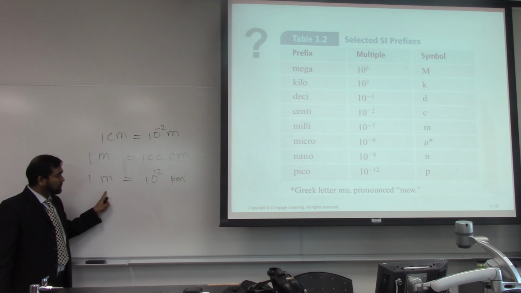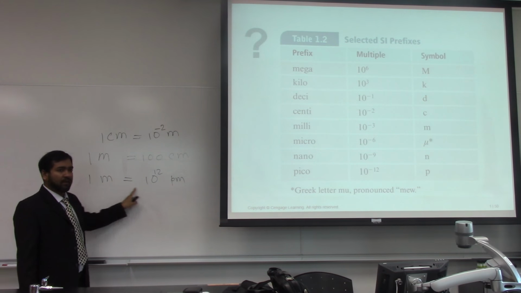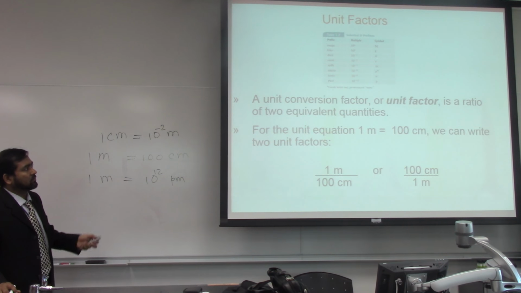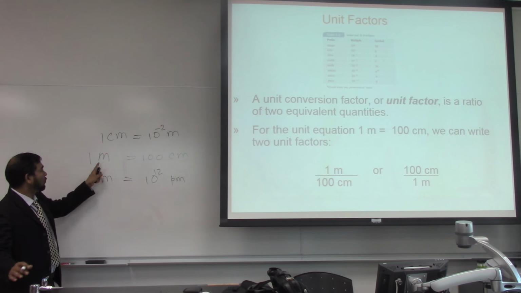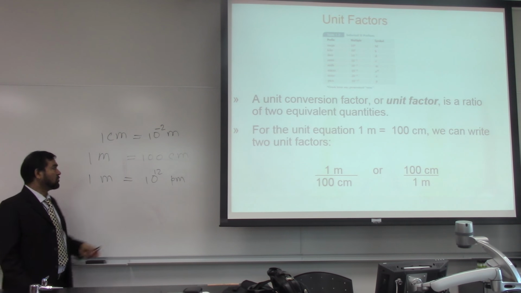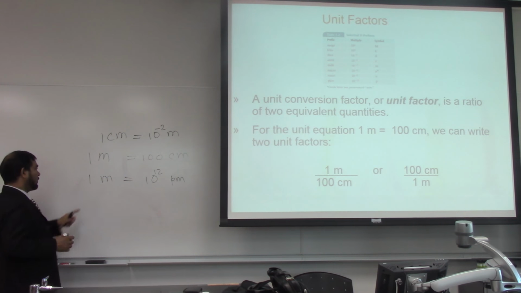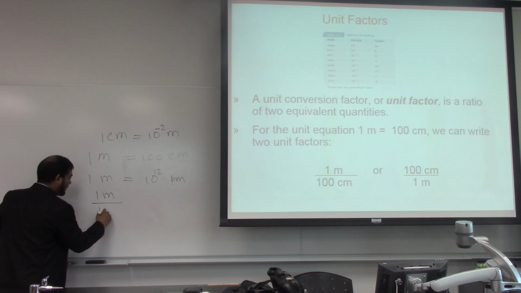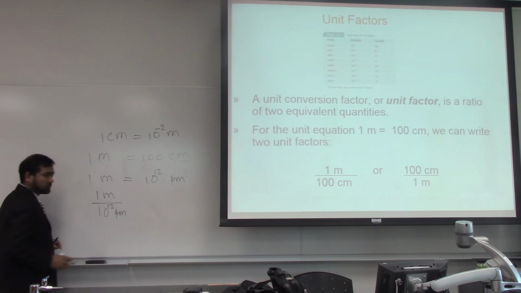And this converting factor we can use as a dimension. So you can use it as a different dimension, which is called a unit factor. So 1 meter equals 100 centimeter, what we can write, or if you write the next one, 1 meter over 10 to the 12 picometer.